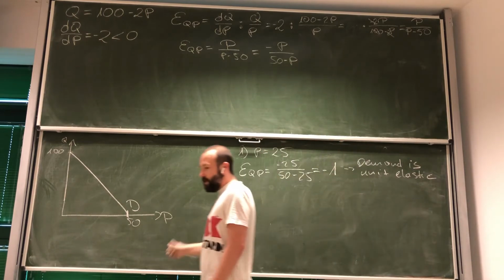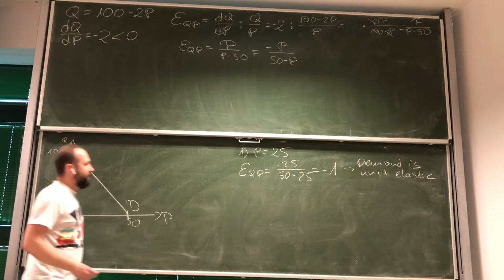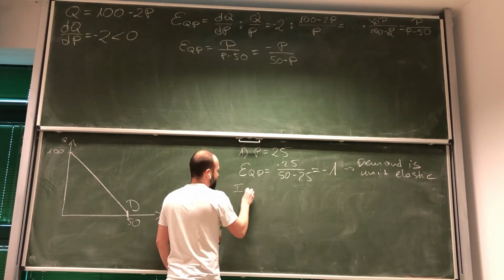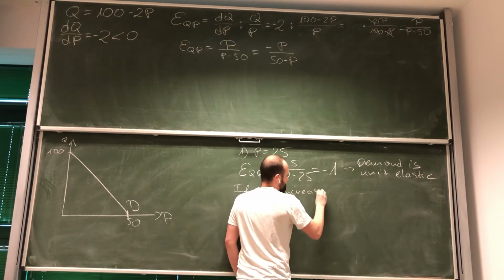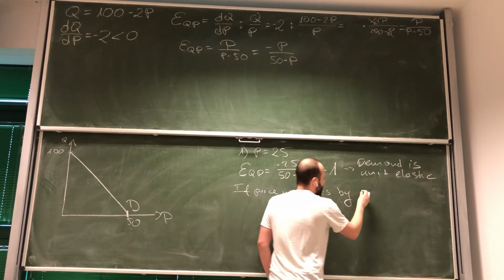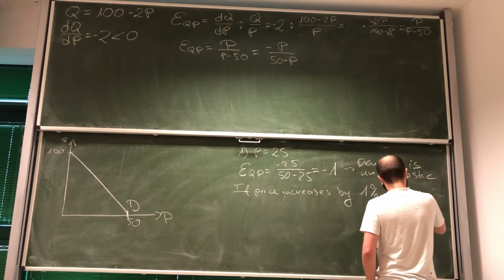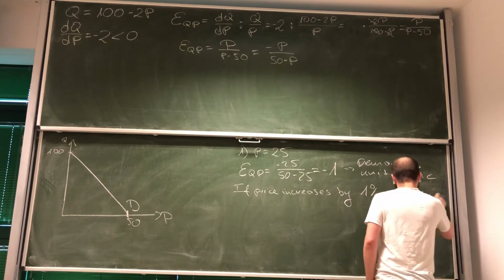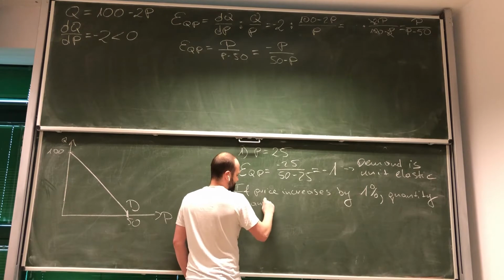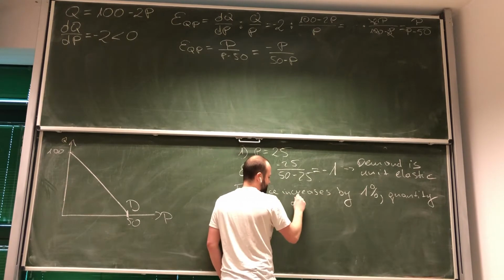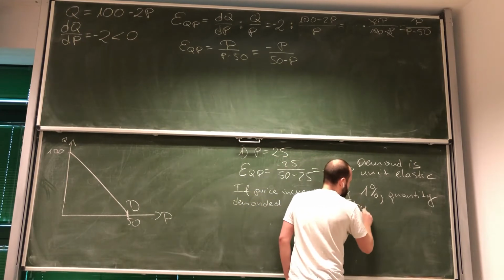Okay, so what interpretation can we put to this negative 1? If price increases by 1%, quantity demanded decreases by 1%.